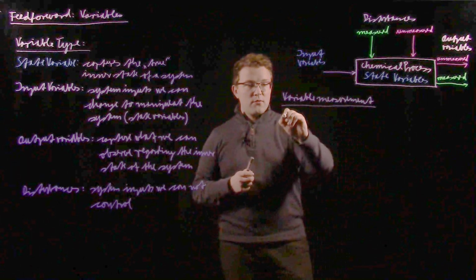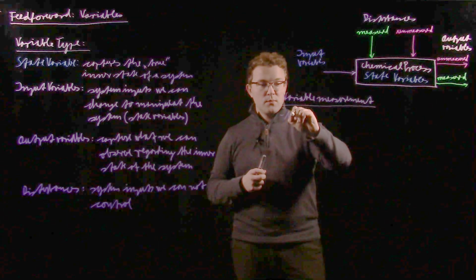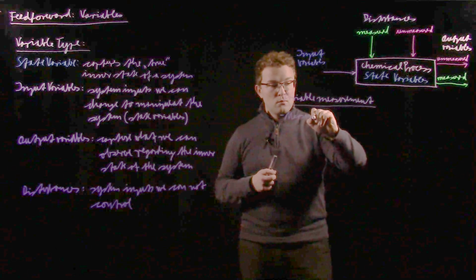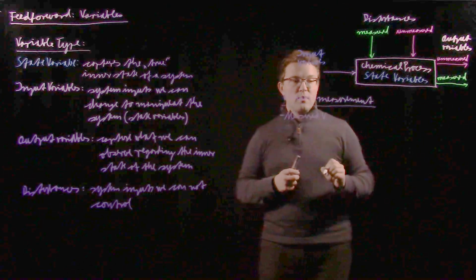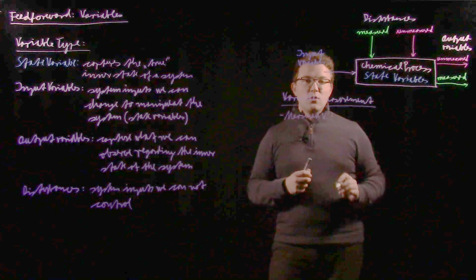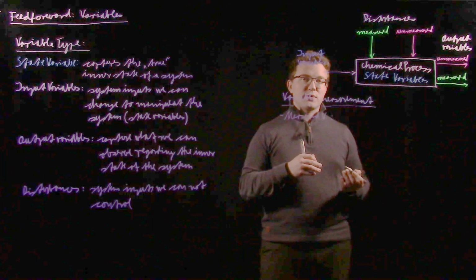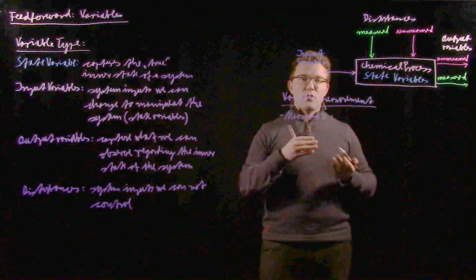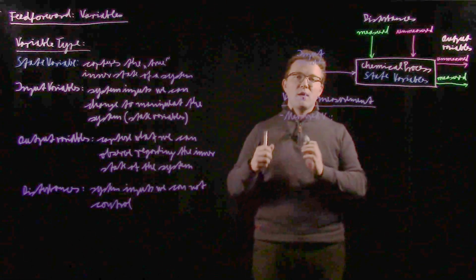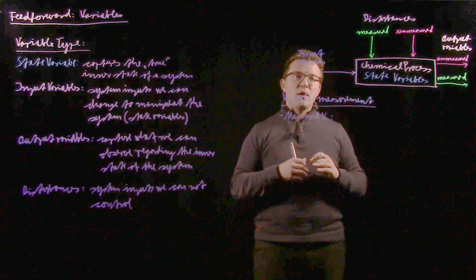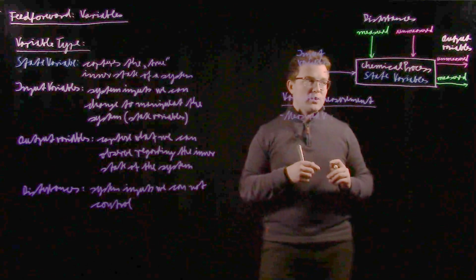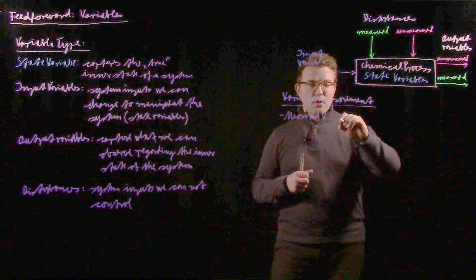We first have the measured variables. And these we can use to control the process, because there we have some kind of value which we can compare to our target value, and then we can derive some kind of control action from these.